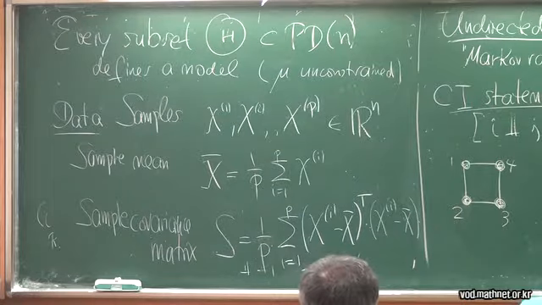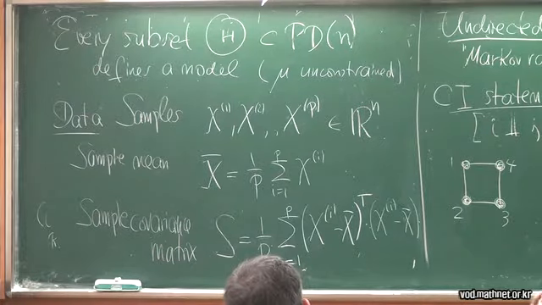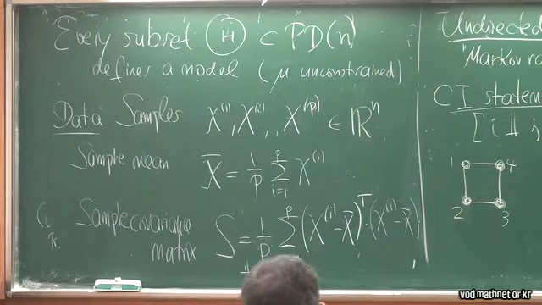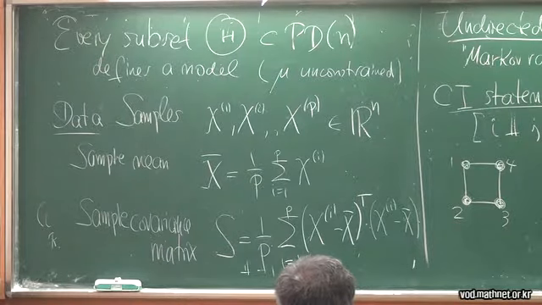You can only maybe sample for 4 people in this room. But n is 10, right? Then you're going to be in the boundary. But if you can sample everybody in Dijon, then you're going to be with highest probability in the interior. So if you have few samples, then you're going to be in the boundary. If you have lots of samples, you're going to be in the interior with your sample covariance matrix.